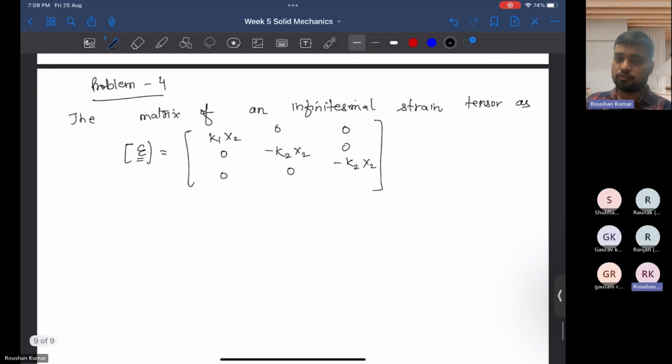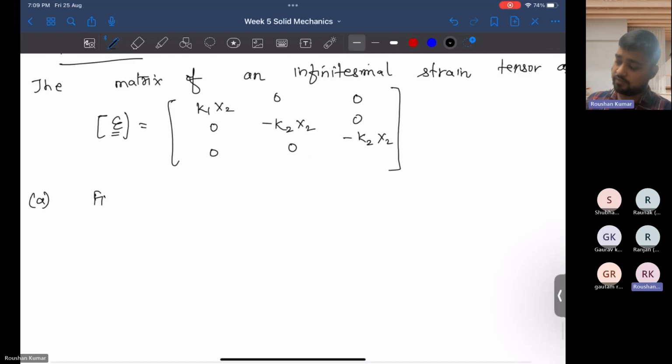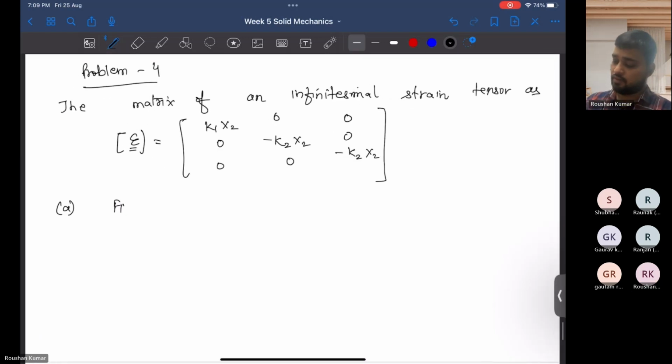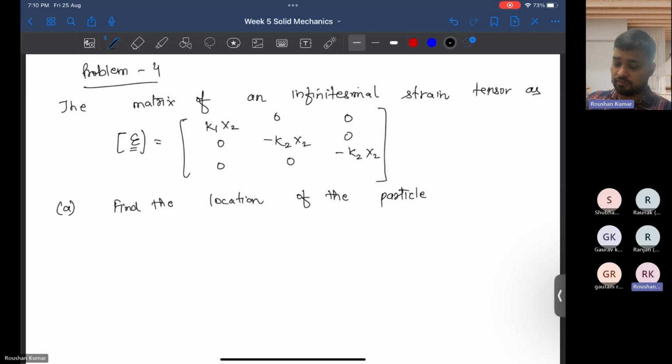So we have two questions based on this statement. The first question is, find the location of the particle that does not undergo any volume change.